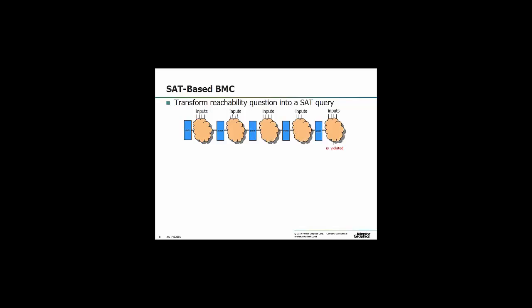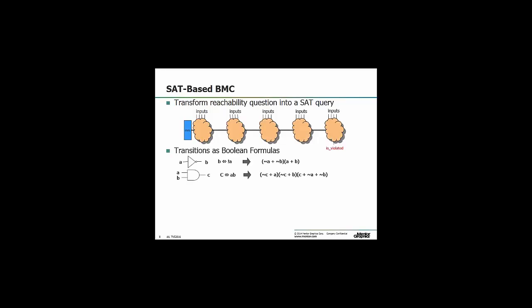Next, we model the inputs and states using Boolean variables that have 0 or 1 as values, so we remove these states. As we are considering synthesized RTL or gate level, we can assume that these transitions are composed of a combination of gates, for example AND, NOR, and so on.